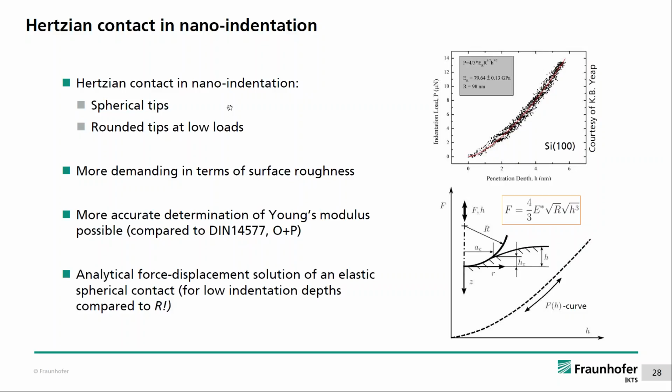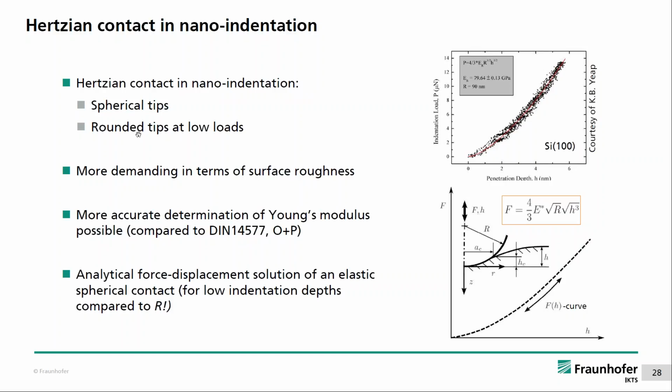And so when you have a Hertzian elastic contact in a nano-indentation, mainly if you of course use spherical tips and you have elastic material, or at very low loads, also the tip rounding acts as a round spherical contact.